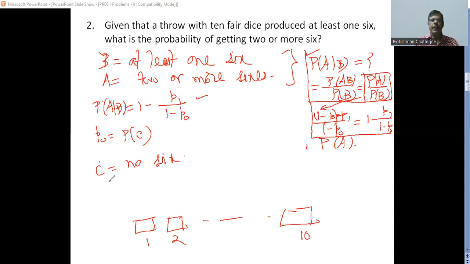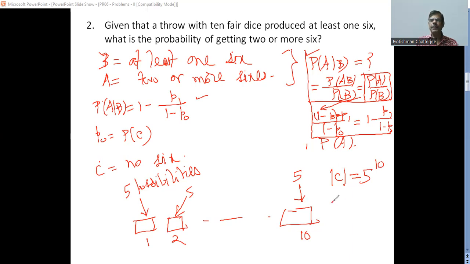So for 6, let's count the number of favorable outcomes. As there can be no 6, for the outcome of die 1, we have 5 possibilities. For die 2 also we have 5 possibilities, and similarly for die 10 also 5 possibilities. So altogether, total number of favorable cases for C is equal to 5 to the power 10.